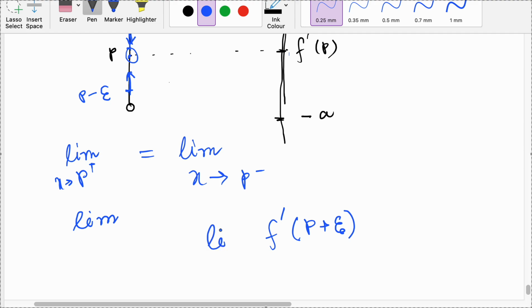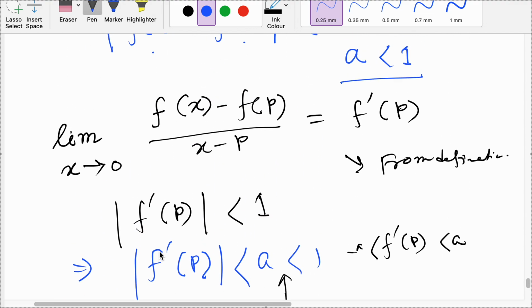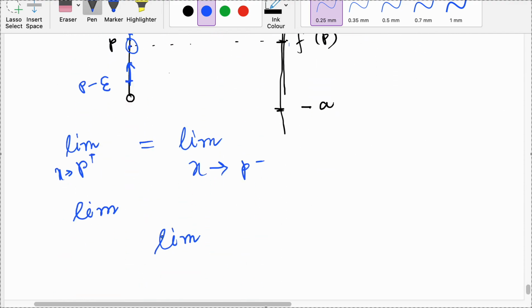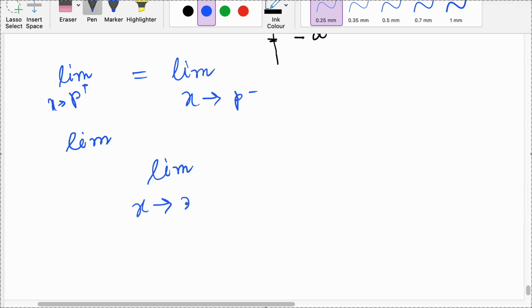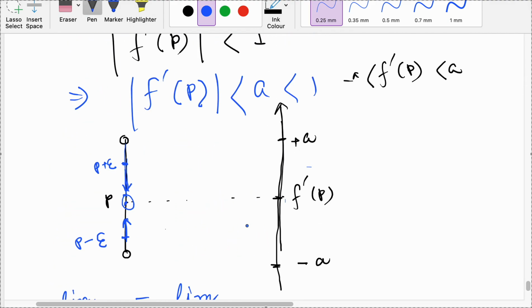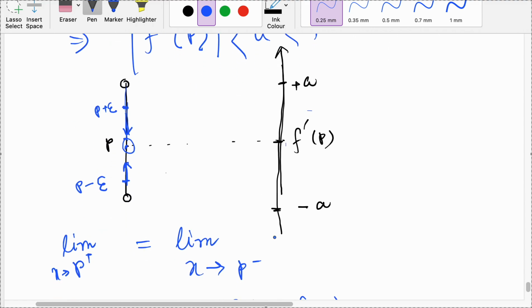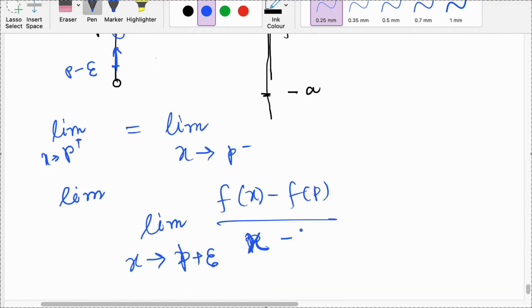Now the limit says, let me do it in this way: okay, this is p, so limit x tends to p plus epsilon, epsilon is very small, of f of x minus f of p over x minus p.